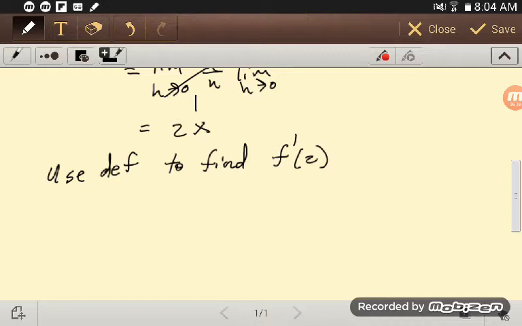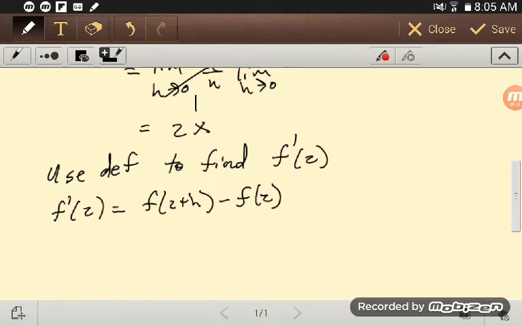Well, so we know we should get the answer 4 because it's 2 times x. But if you're using the definition, right, you'd say f prime of 2 is f of 2 plus h minus f of 2, over h. Oops, limit, forgot my limit, as h goes to 0.